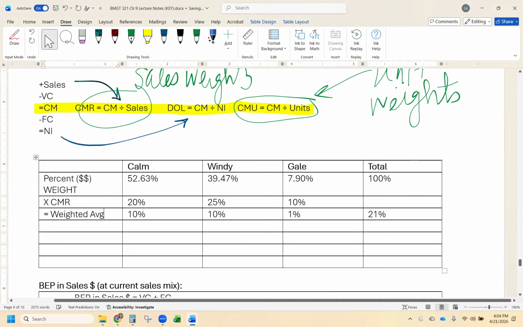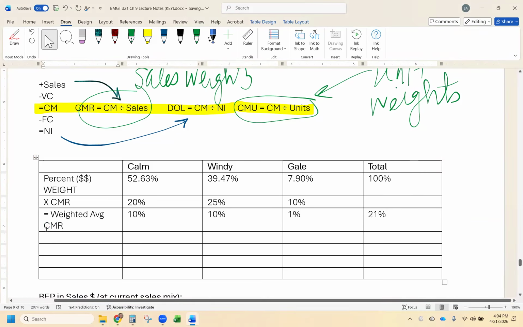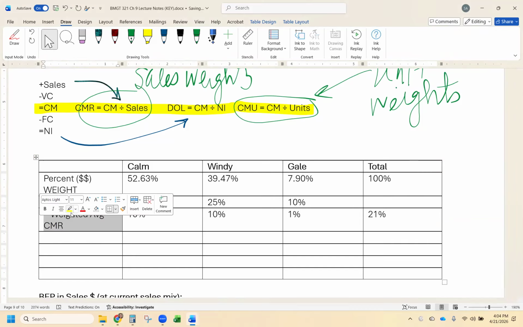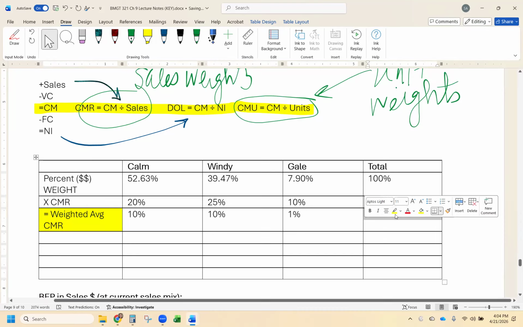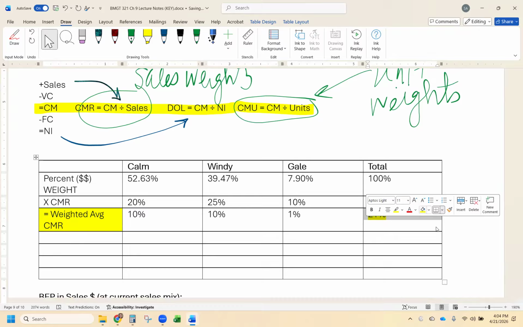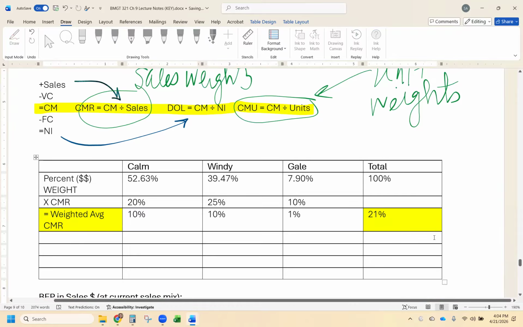Okay, this is our weighted average CMR for all 3 products. And now we have one CMR, and we can do calculations as if the combination of those 3 units, this sales mix, has a CMR of 21%, which kind of makes sense because 20, 25, 10 is about 21.